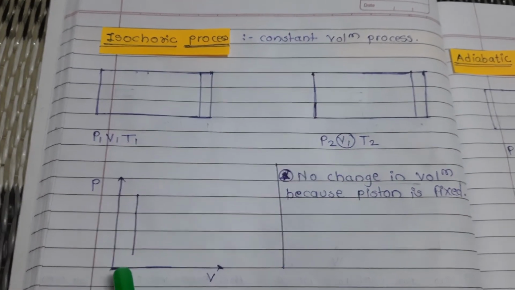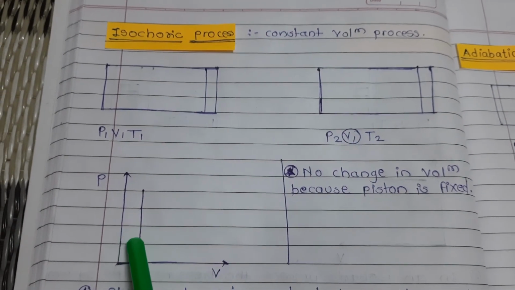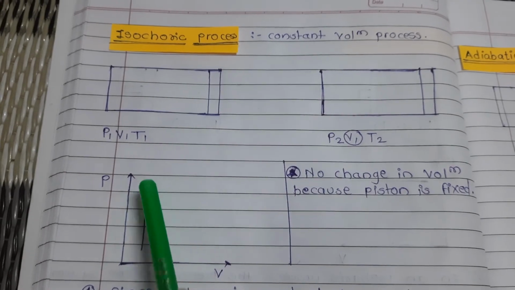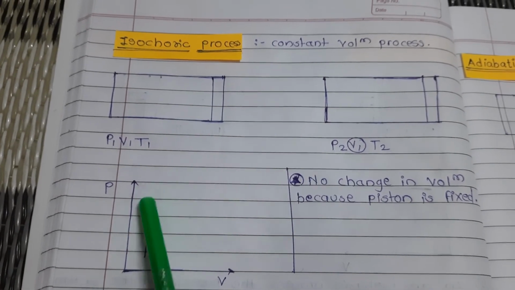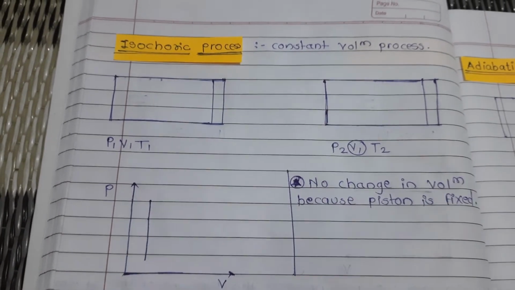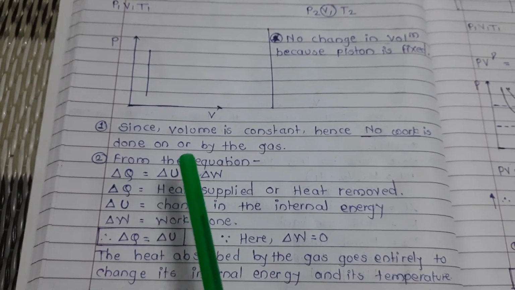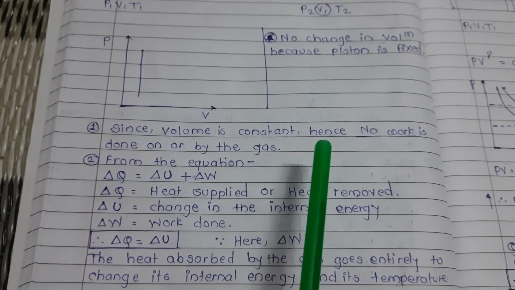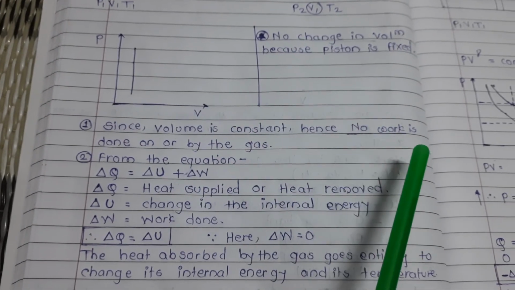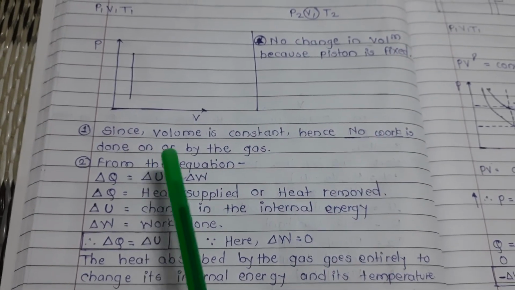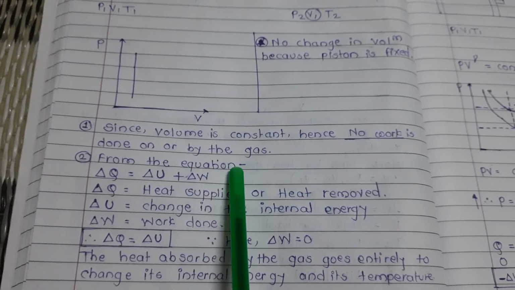See the PV graph. Volume is a constant, means a straight line. Now, some other information. Since volume is a constant, no work is done on or by the gas.